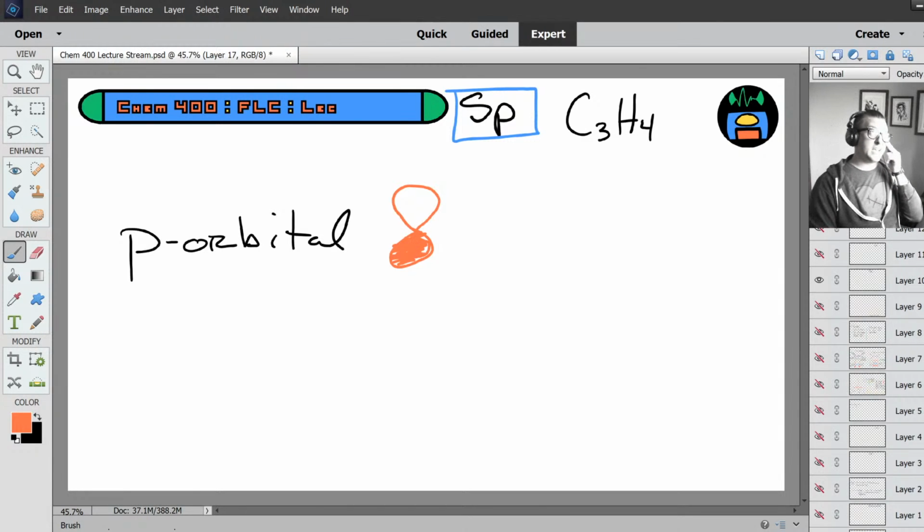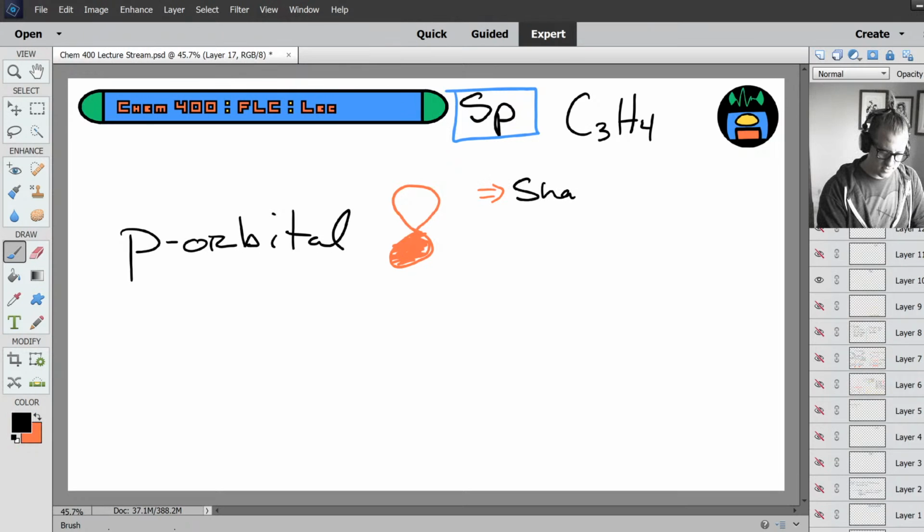And the reason why the shading is opposite, so the shading is something called phasing.